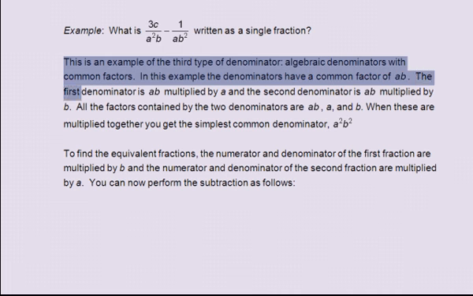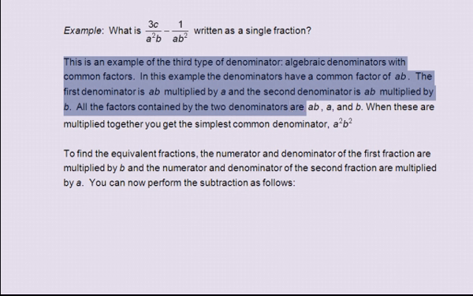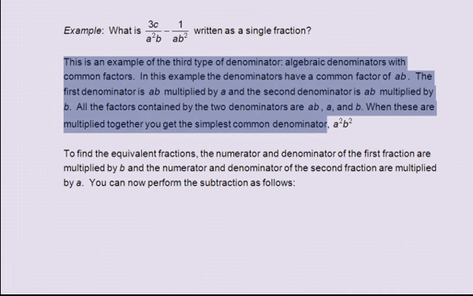The first denominator is ab multiplied by a, and the second denominator is ab multiplied by b. All the factors contained by the two denominators are ab, a, and b. When these are multiplied together, you get the simplest common denominator, a squared, b squared.